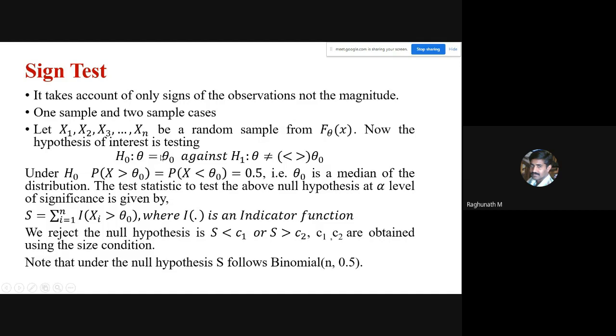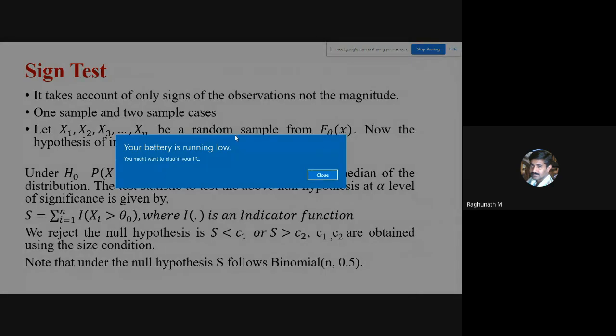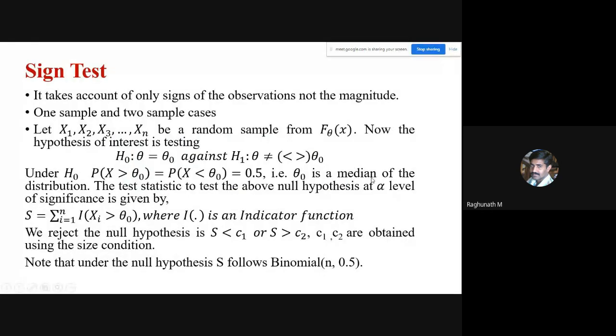There are many management and other streams, but I don't want to talk about other streams. Many people are very happy whenever we reject the null hypothesis, but they don't know how to formulate the null and alternative.